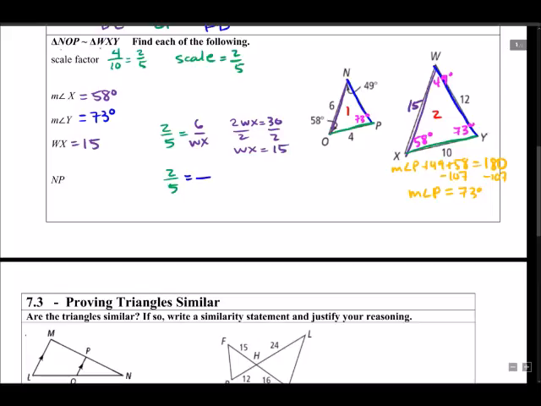And so my blue sides, NP is to 12 on the second one. So I just cross multiply. 5 times the length of NP is 24. Divide both sides by 5. And the length of NP is 4 and 4/5, which is 4.8 units long.